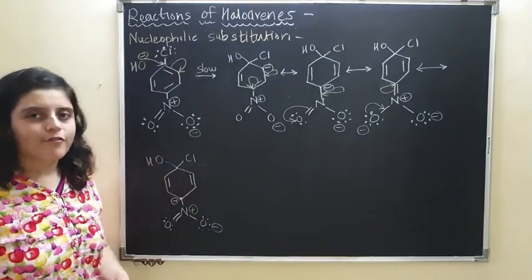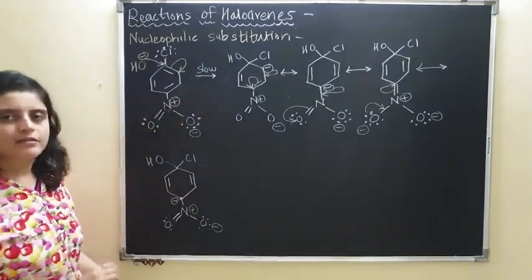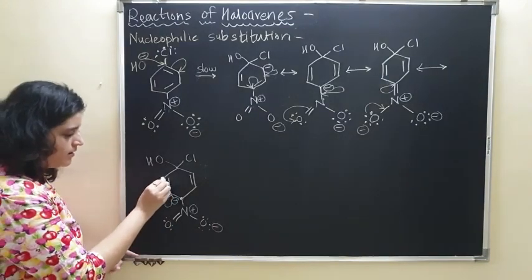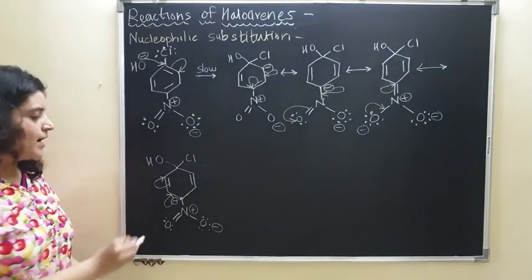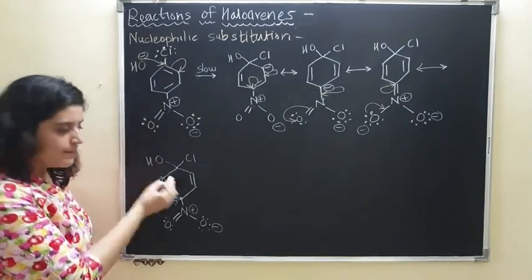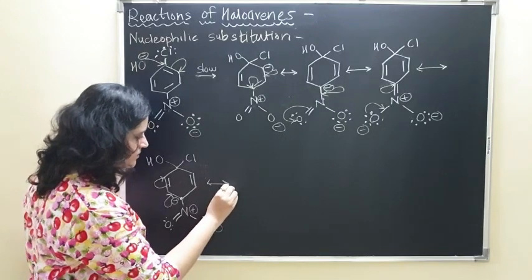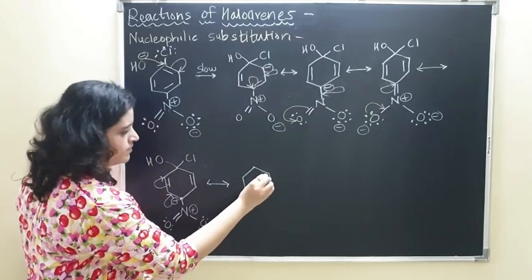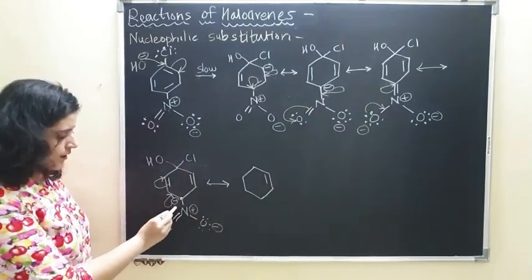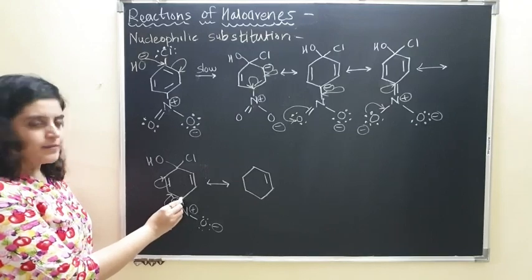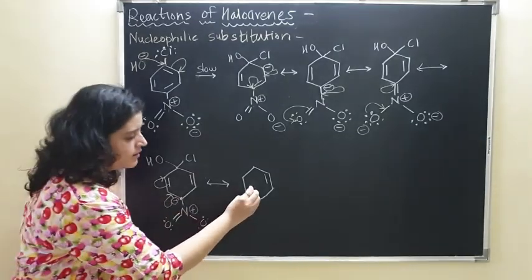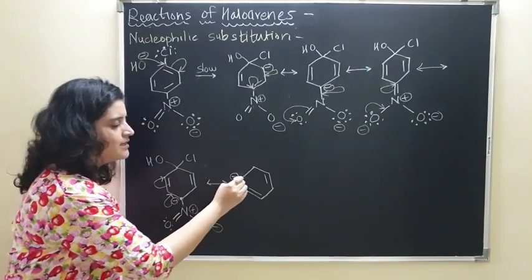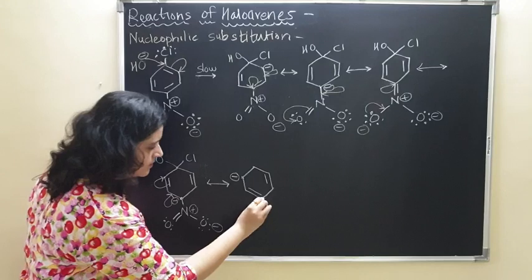Again there will be a shifting of electrons, a shift of the pi bond as we have discussed earlier, like this, and now the negative charge will be located on this carbon. So this single bond, due to the shift of the electrons from this carbon to form a bond, will become a double bond. On this carbon there will be a negative charge.